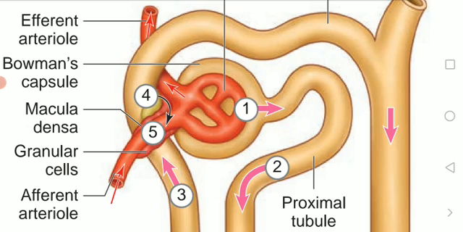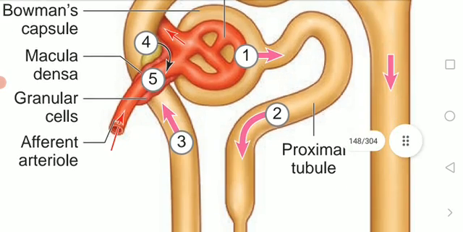The blood enters the glomerulus faster and with greater force through the afferent arteriole.